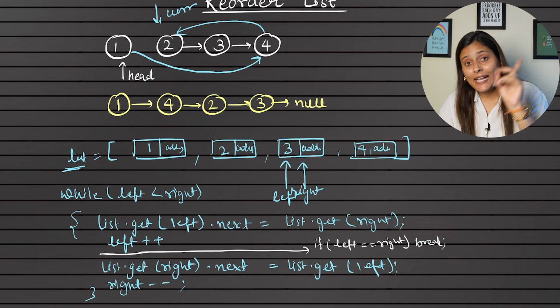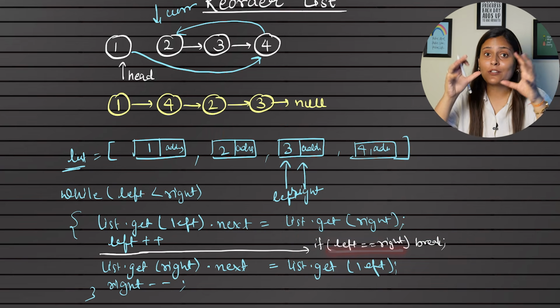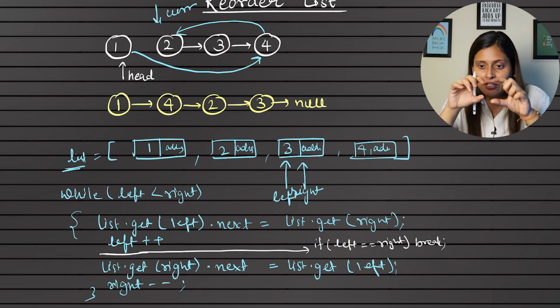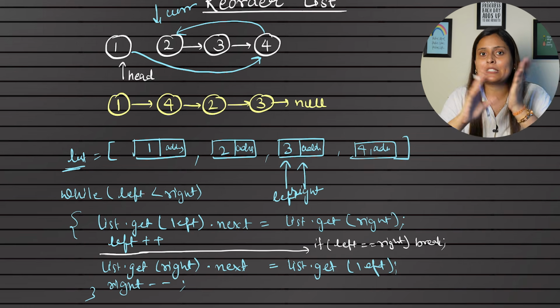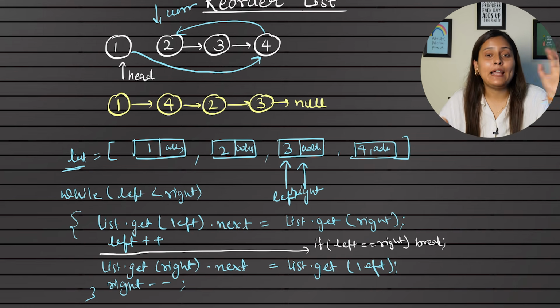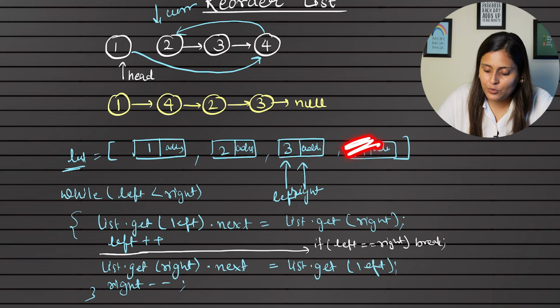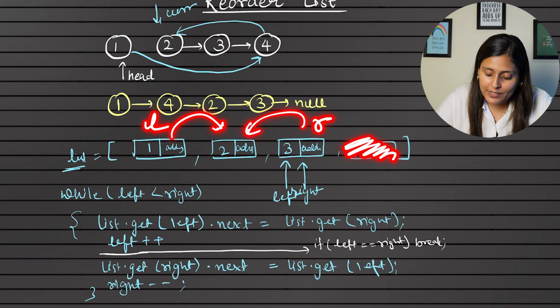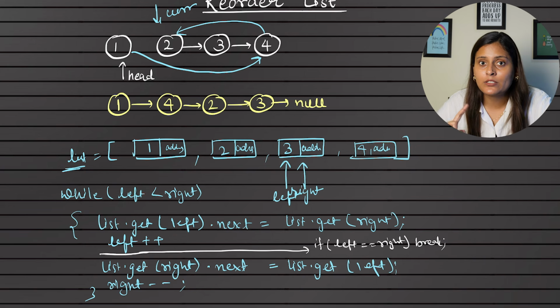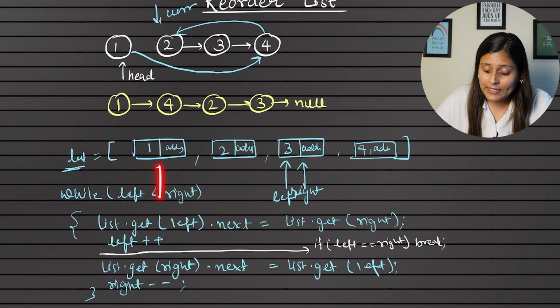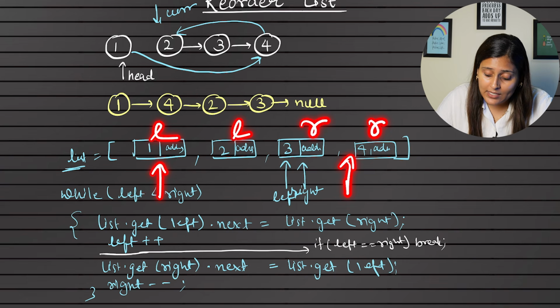Okay. And the second reason why I have added this: if you remember, in the even case, left and right cross each other, but in odd, left and right first become equal. Why? Because suppose this node is not there, then next time left plus plus, right minus minus, so left and right meet. So in the odd case, left and right always become equal first before crossing each other, but in even, left right, and next time left right.